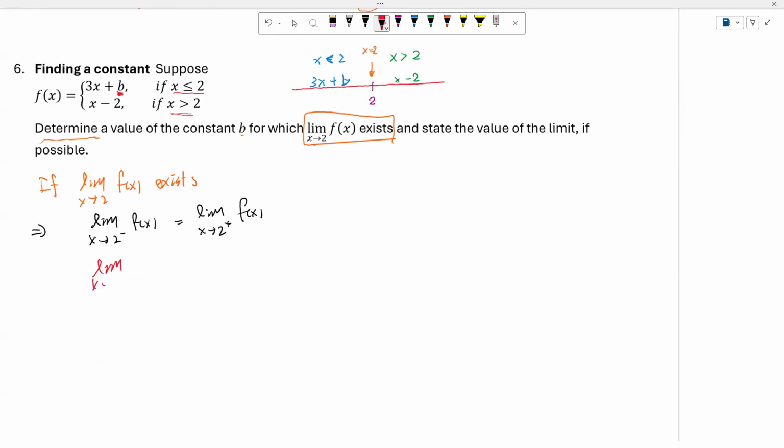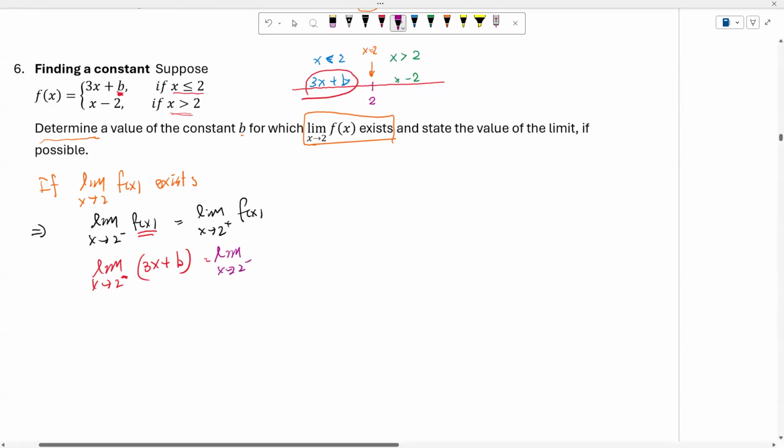So the limit as x approaches 2 from the left, again, what is the f function that we have here? It will be 3x plus b, which is equal to the limit as x approaches 2 from the right, and for this one, it is x minus 2, okay?